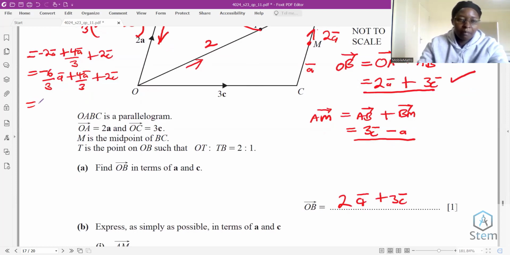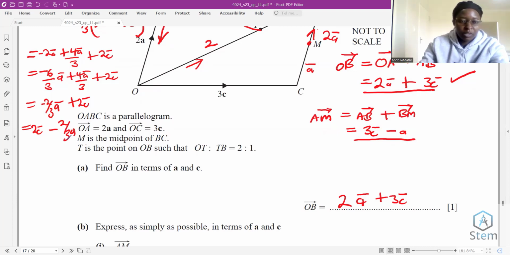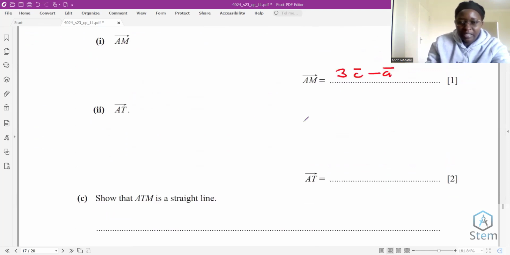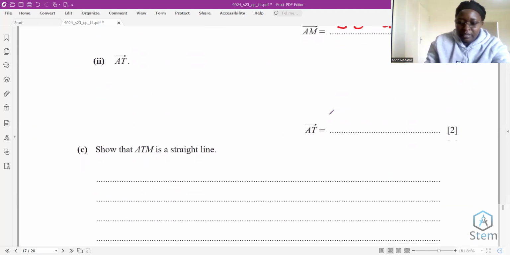That will give me a minus 2 over 3a. Okay, then plus our 2c. So our final answer is 2c. I can rewrite using a positive first and then a minus 2 over 3a. So this is our vector AT. Let's write it down. AT is equal to 2c minus 2 over 3a, like that.